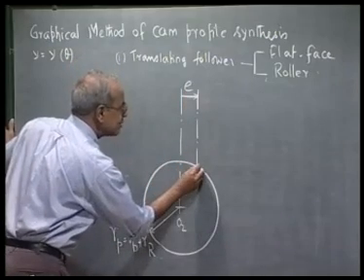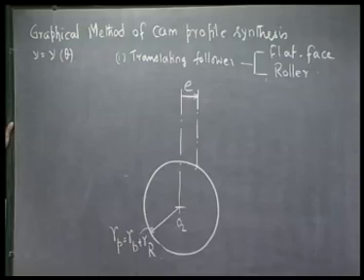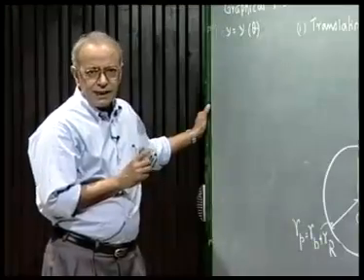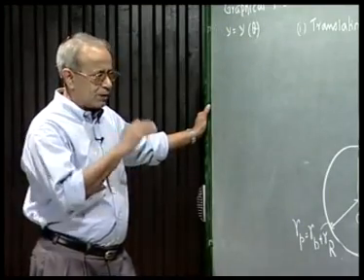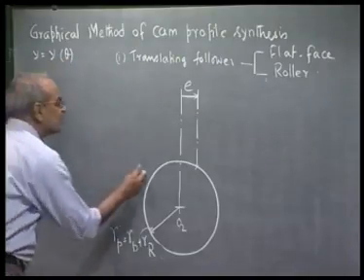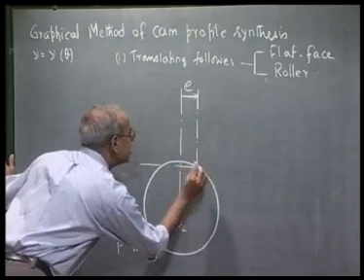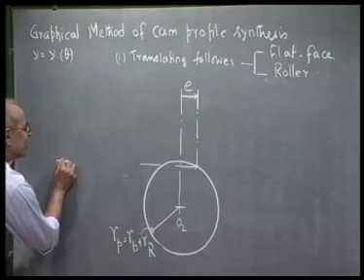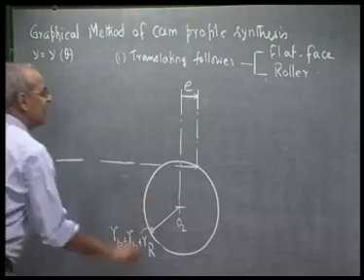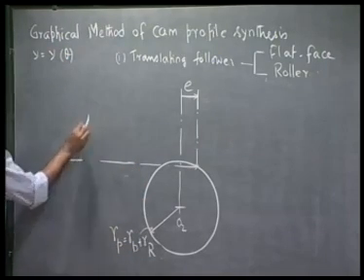So this is, as we have discussed in the case of the analytical method, the lowest point of the roller center, that is the trace point. The displacement of the follower will be measured from this level. So I draw a horizontal line and draw whatever is the displacement diagram here.